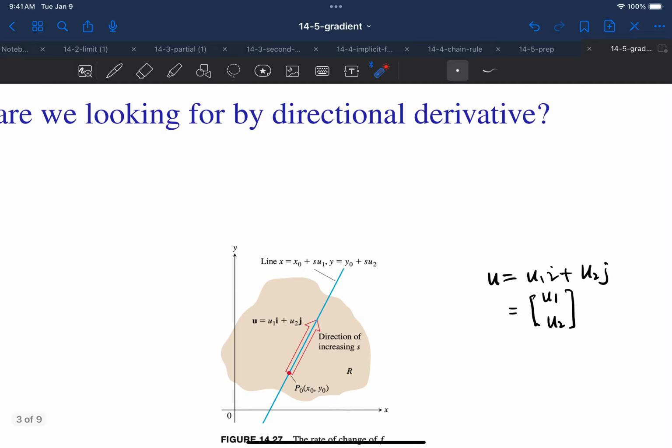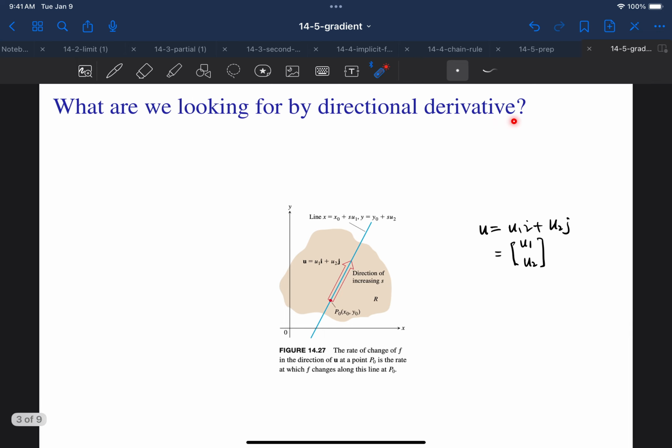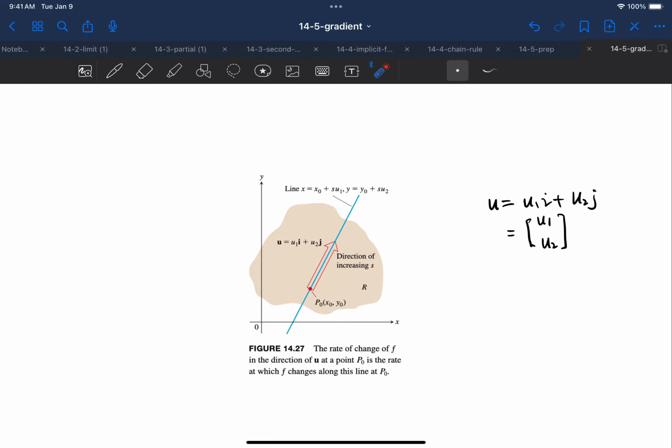Basically, by directional derivative, we mean rate of change. On a mountain surface, this is the rate of change of your height when you move. And directional means, because this is two dimensions, there is a given direction you are going to move. So directional derivative is the rate of change along the given direction.